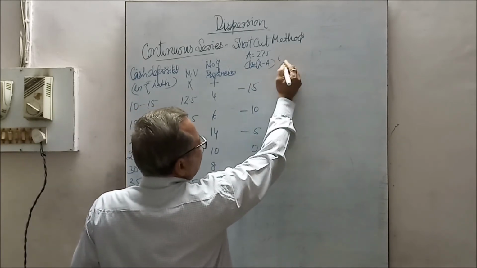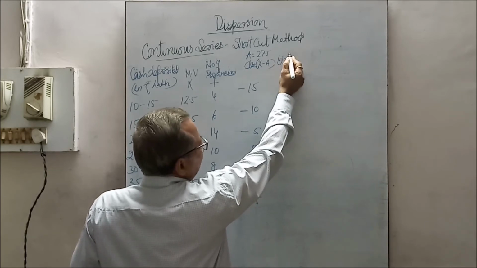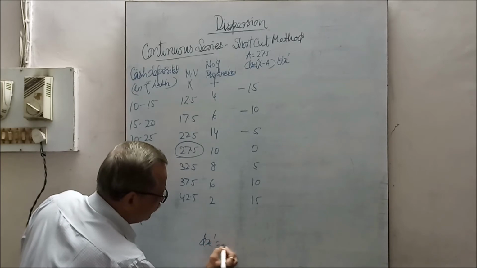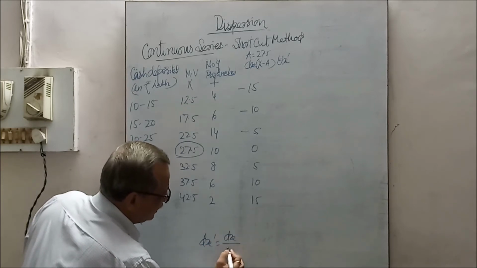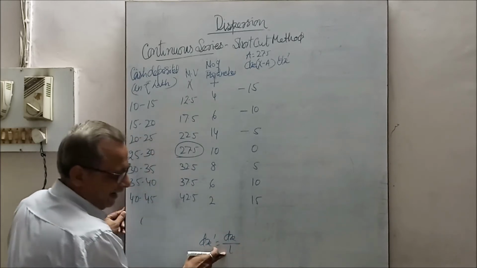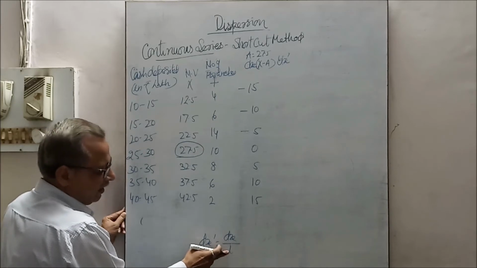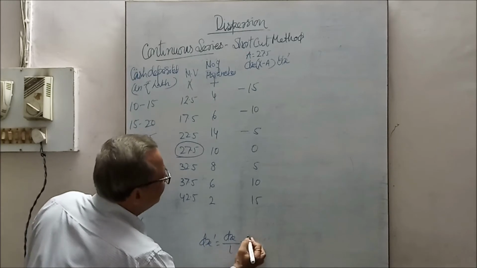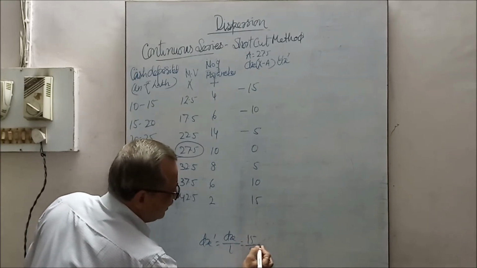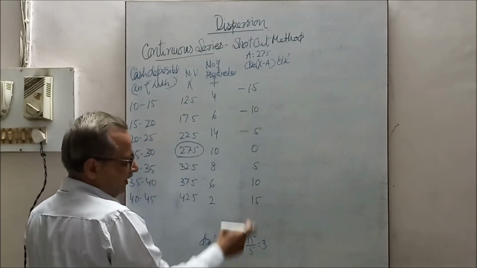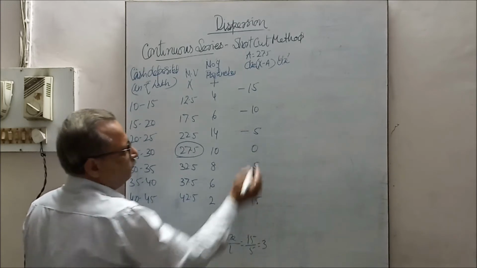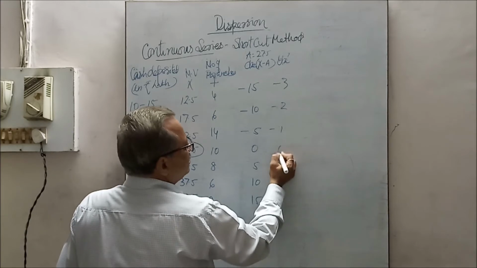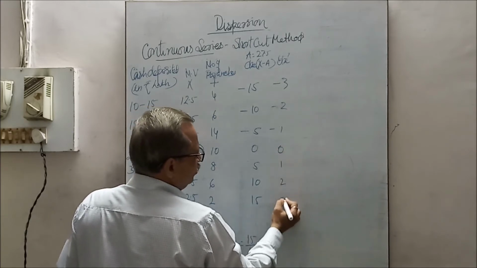This is called dx dash, deviation dash, and that can be found as dx upon class interval, I or interval. That interval is 5. So here 15 divided by 5 equal to 3, 10 divided by 5 equal to 2, minus 3, minus 2, minus 1, 0, 1, 2, 3.